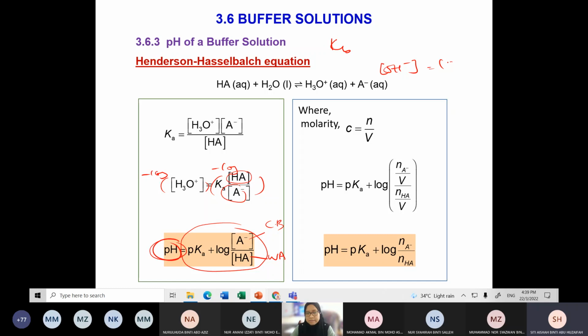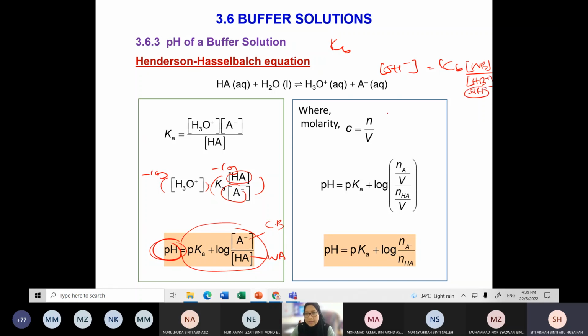So Kb, okay. At the top here we have weak base over the conjugate acid, this should be plus lah. Base HB plus. Okay, ataupun saya boleh letak weak base ataupun ini salt dia.